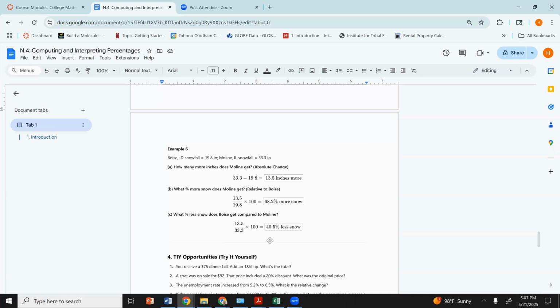This is going to give us 40.5% less snow. So if you go from Moline to Idaho, you'll probably get 40% less snow. All these figures we're doing here are relative when you compare the percentage in this way.